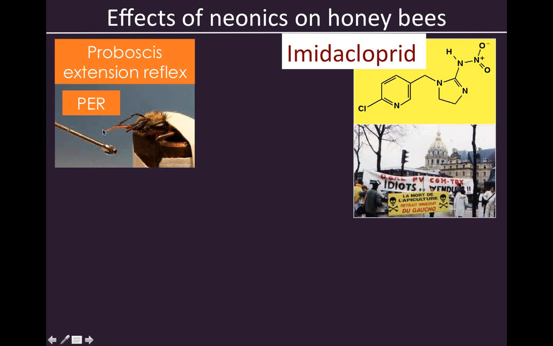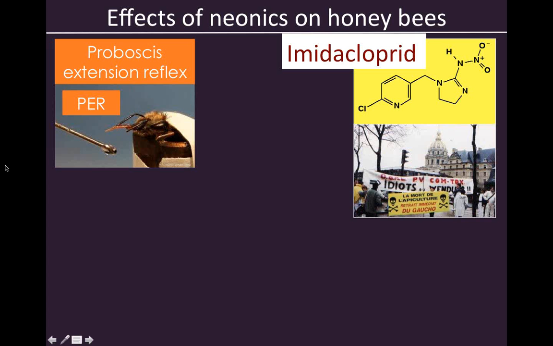It's called the proboscis. It's the tongue that comes out and collects nectar from flowers or a food reward. So these PER experiments test the learning and memory capability of bees, depending on what kind of diet they are fed.